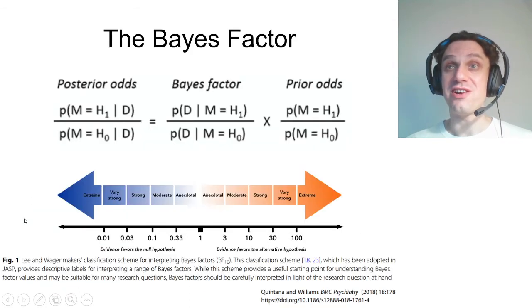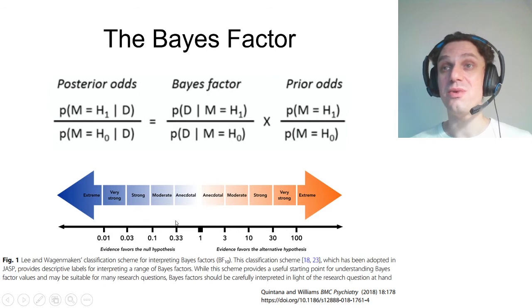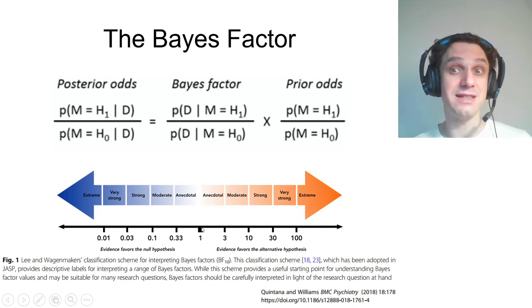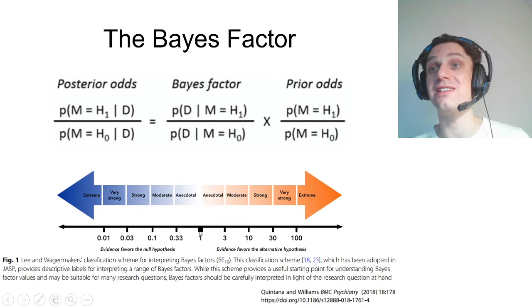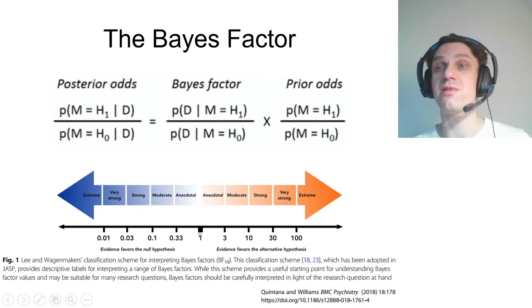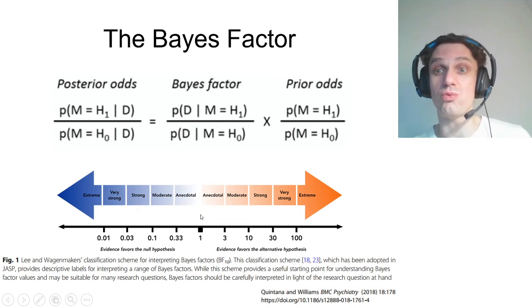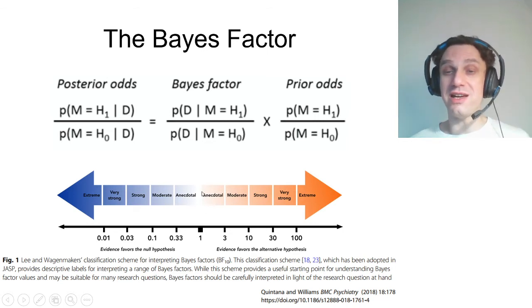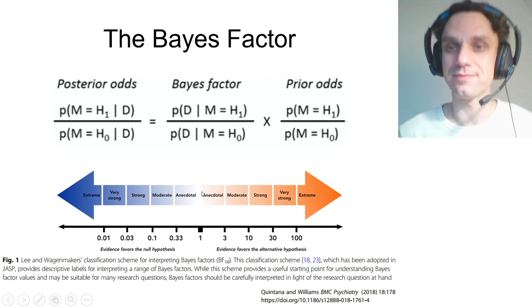And in order to interpret Bayes factor, we can use this scale which was proposed by Lee and Wagenmakers. They said if this data provides no evidence whatsoever, the ratio of probabilities equals 1. These probabilities of H1 and H0 based on this data are equal.